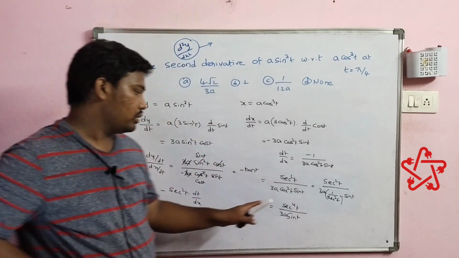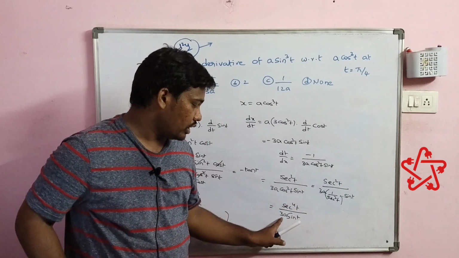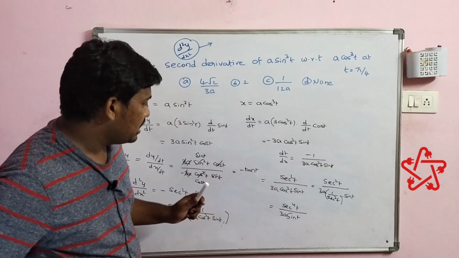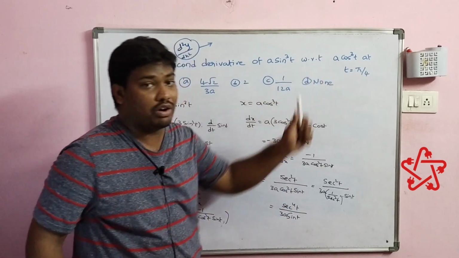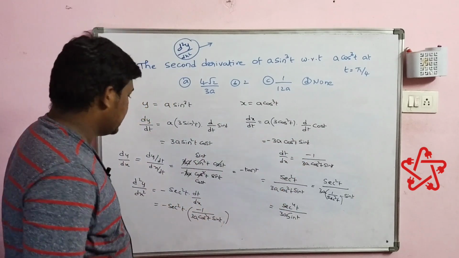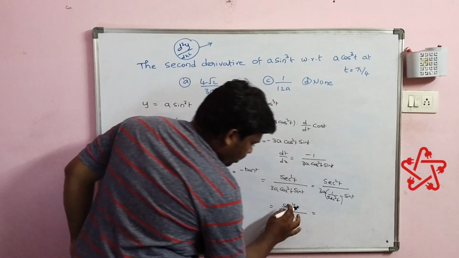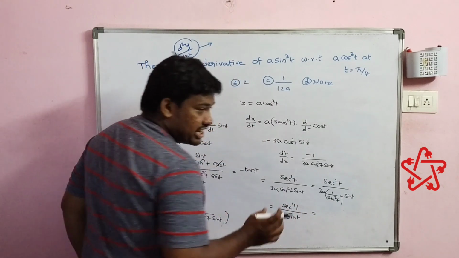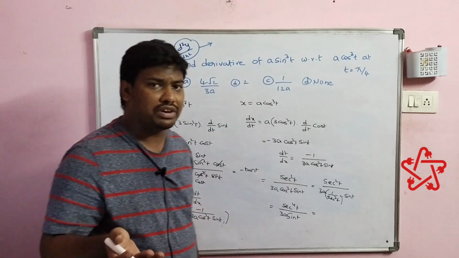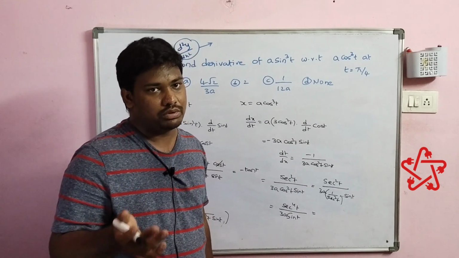Secant power 4t over 3a sin t. He asked the value at pi by 4, right? What is the value of secant 45? Generally secant 45 is root 2, that is what we know.